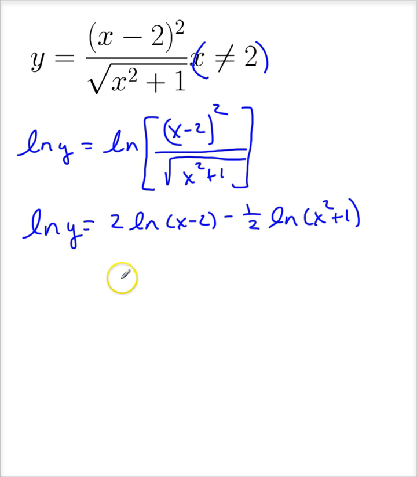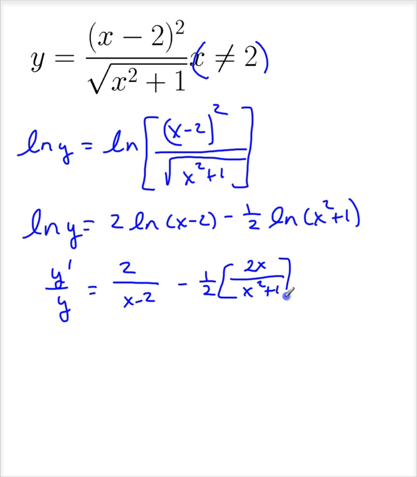Now I'm going to implicitly differentiate this whole thing. So this side becomes y prime over y is equal to, now look at this side over here. Look how beautiful this is. The derivative here is 2 over x minus 2 minus 1/2 times 2x divided by x squared plus 1.